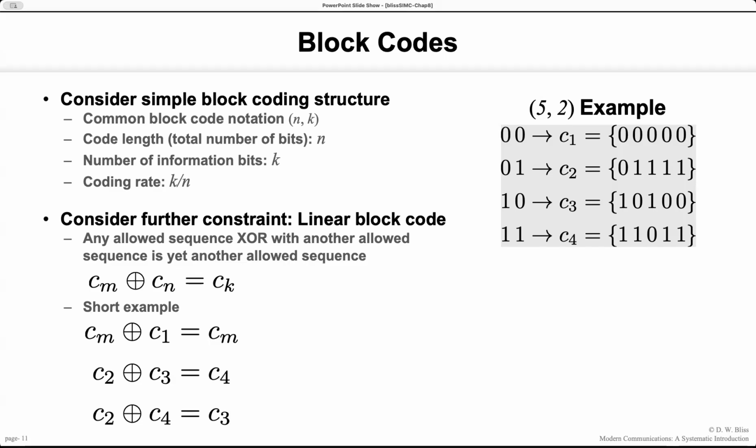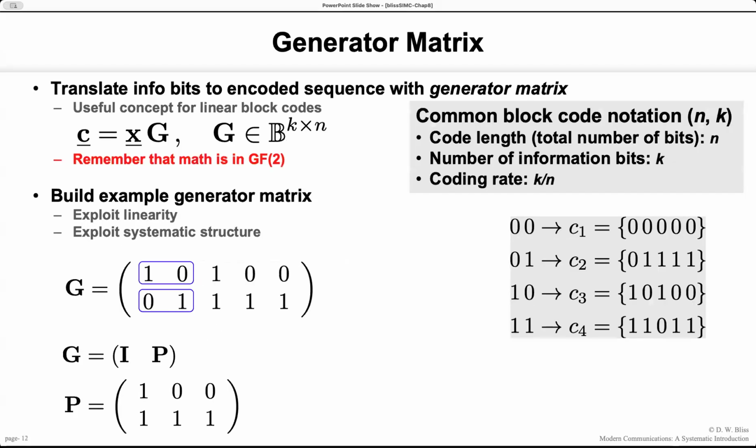All right. So we can take advantage of these special features and, in fact, have a nice way of generating code words from a simple structure, which we say is a generator matrix. So you can use a generator matrix even if some of this stuff is not true. It doesn't necessarily have to be systematic, that is, you can see the information bits directly.